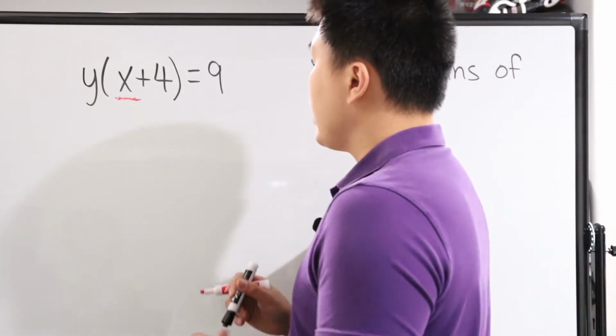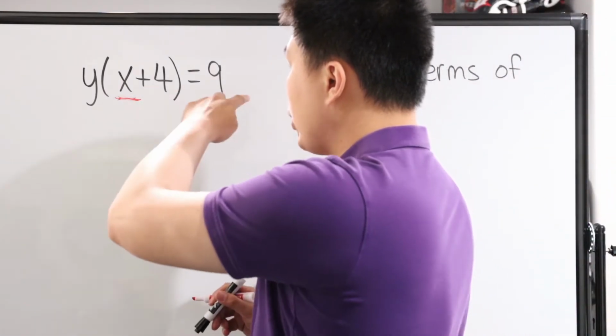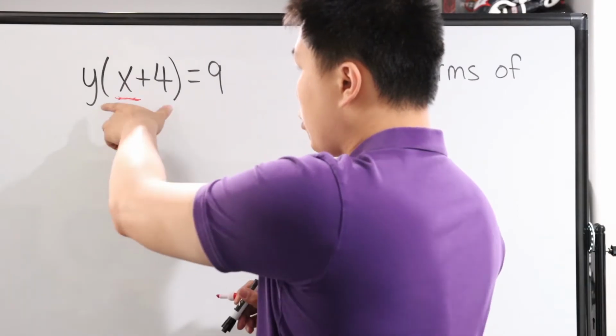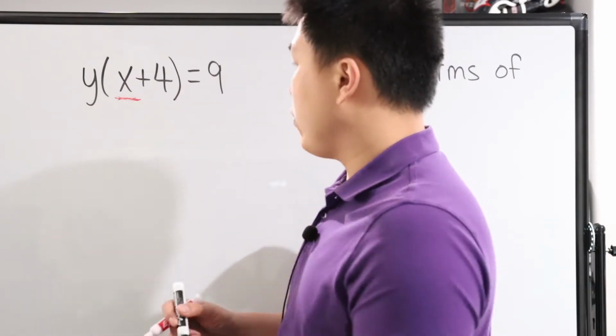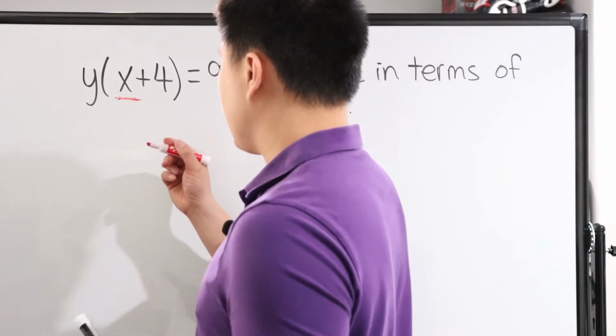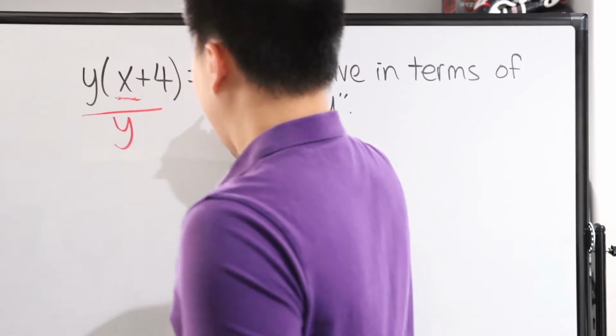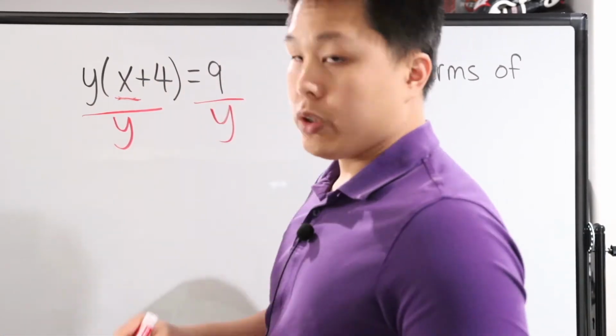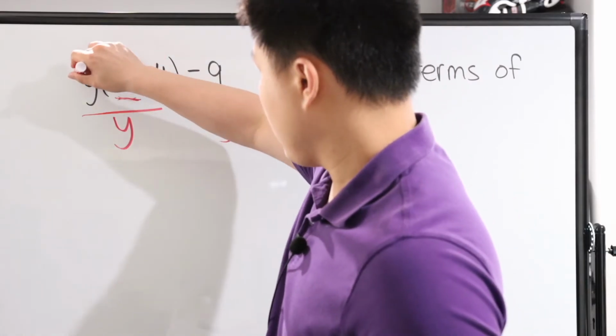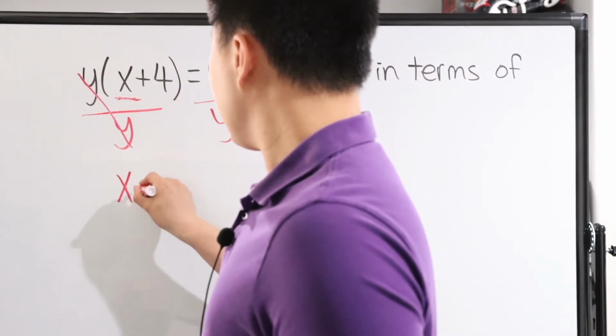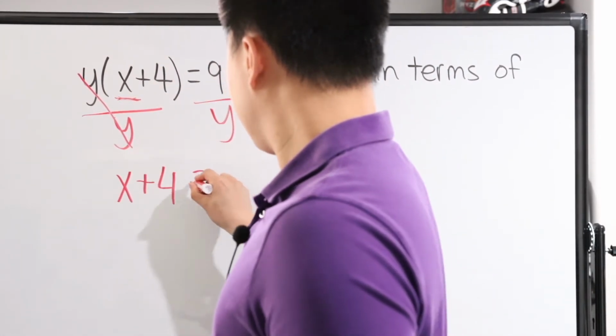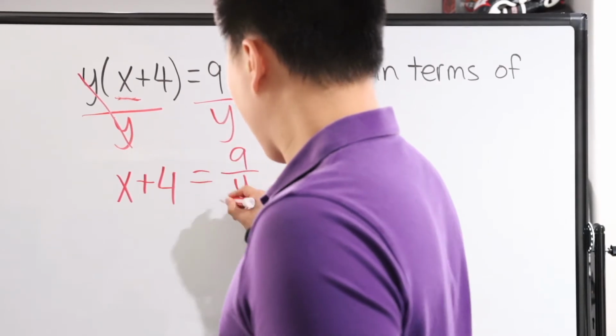So, in that case, we want x by itself. Everything else we want on the other side. Well, first and foremost, we have y here. Let's just get rid of that. It's a multiplication, so we're just going to divide by y, and we're going to divide by y here. What you do to one side, you must do to the other. The y goes away. You now have x plus 4 equals 9 over y.